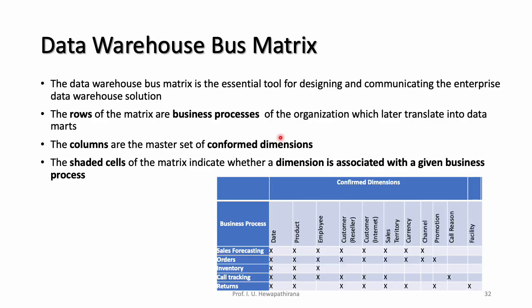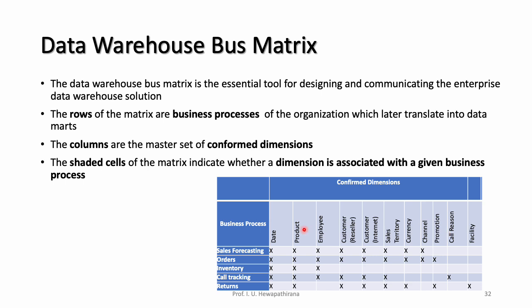When there are multiple business processes in certain organizations, we use what we call a data warehouse bus matrix to identify the conformed dimensions and their associated business processes. So this is a data warehouse bus matrix. The rows of this matrix will have the business processes, and the columns will indicate the dimensions identified for each process.